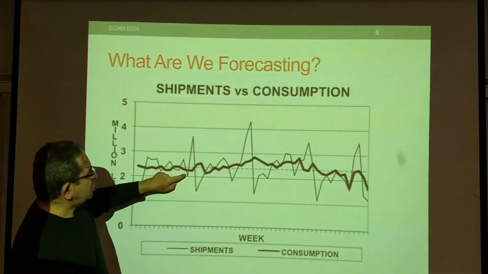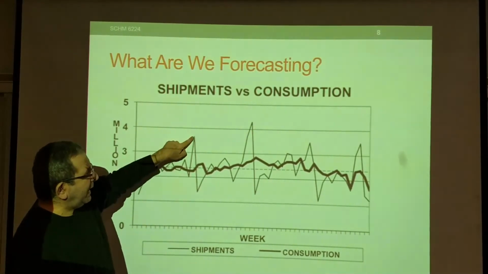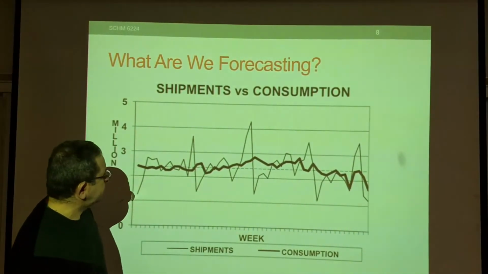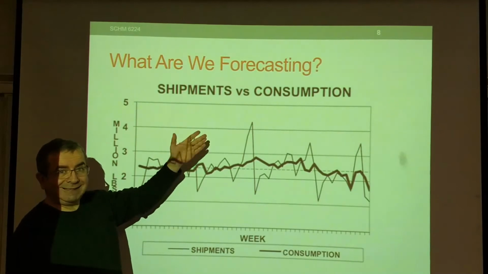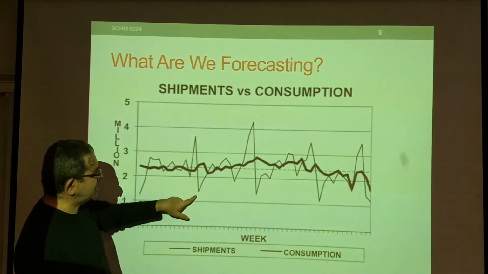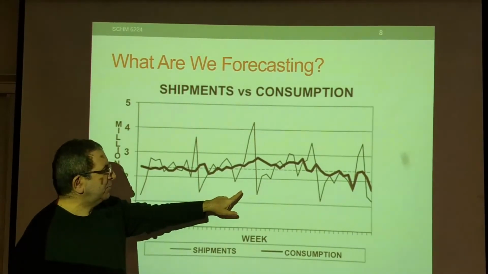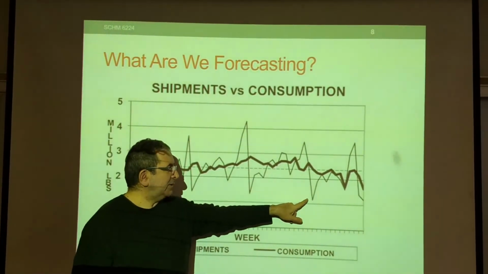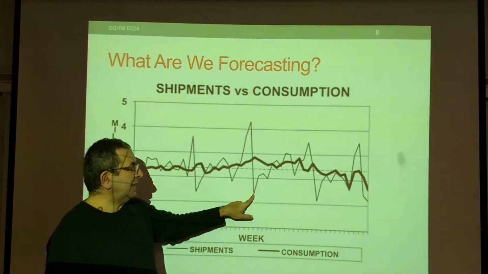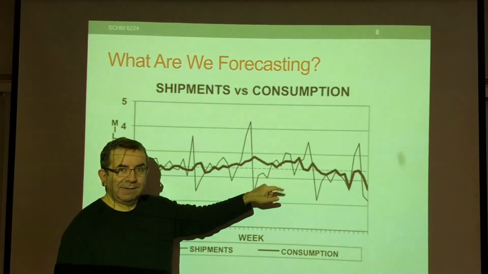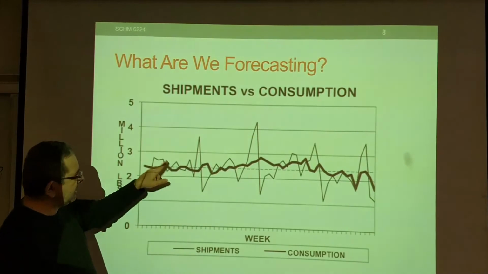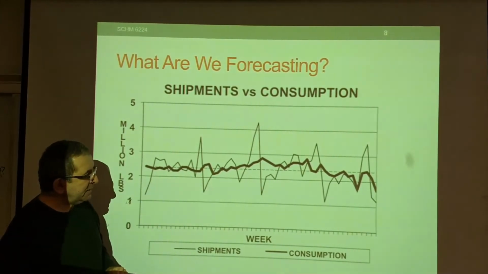So if you have a spike at the end of the month or at the end of the quarter, there will be a lot of product at the retailer. Consequently, in the following weeks, the retailer will not order as much because they already have a lot of product. So they order less. The thinner line shows you the shipments.